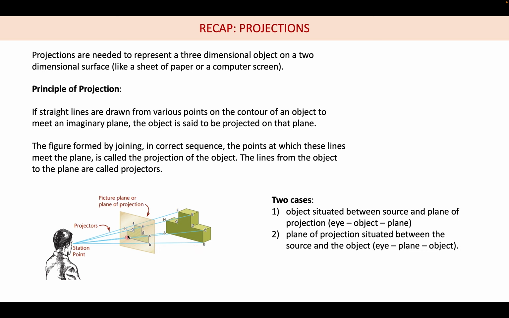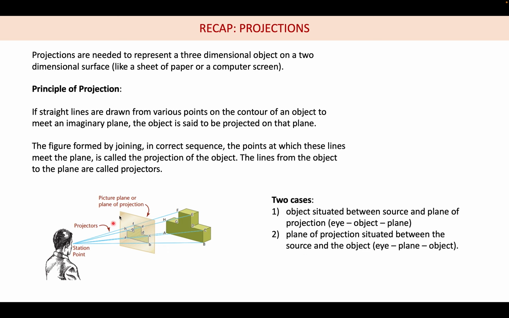Similarly, you can do this for all the points, and the figure formed by connecting these points in the correct sequence is called the projection of the object. The lines are called projectors. We also saw that there are mainly two cases. One case is where the object is situated in between the source and the plane of projection, and the other case is where the plane of projection is situated between the source and the object.